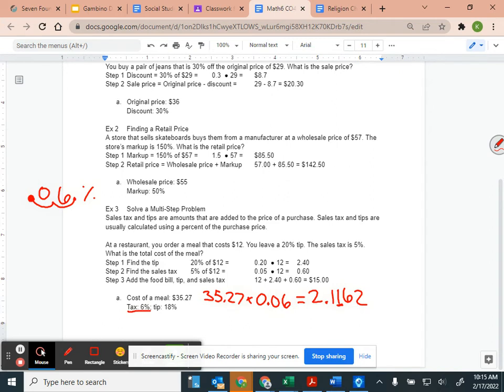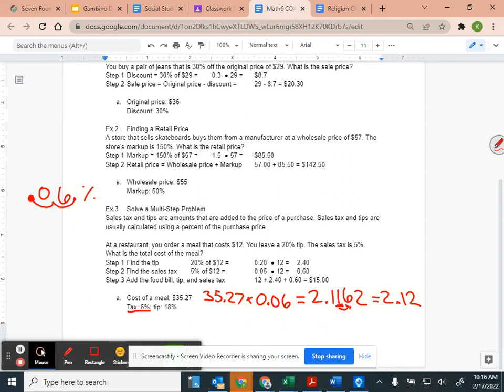So 2.1162 becomes $2 and how many cents? $2.11. So we have a 1 in our 100th place. Look at the thousandths place, which is a 6. $2.12. We want to round it up because it's followed by a 6.